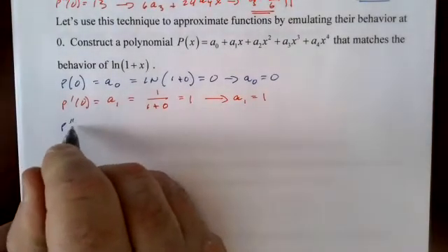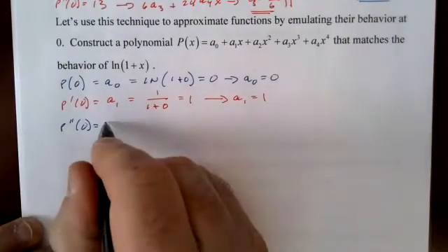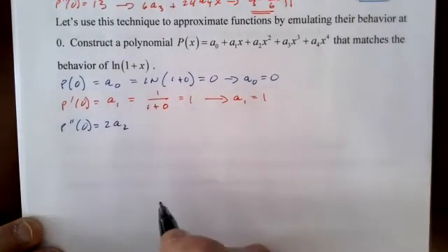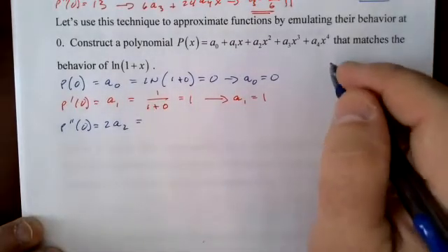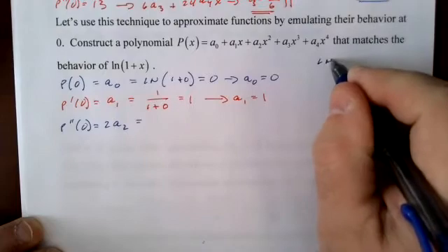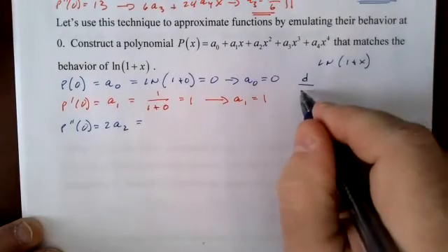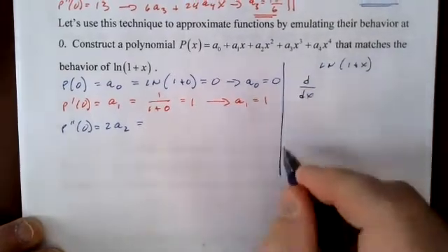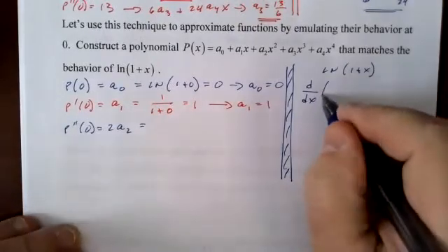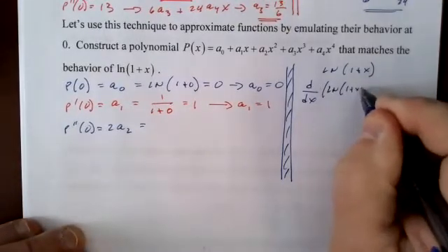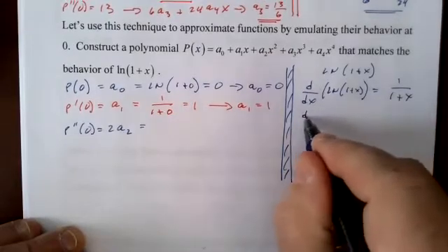Hey Ma, I'm doing calculus. P second derivative of 0, based on what we did up above, is 2a2. Now, I think I'll go over here and do a bunch of derivatives. Derivative of ln of 1 plus x is 1 over 1 plus x.